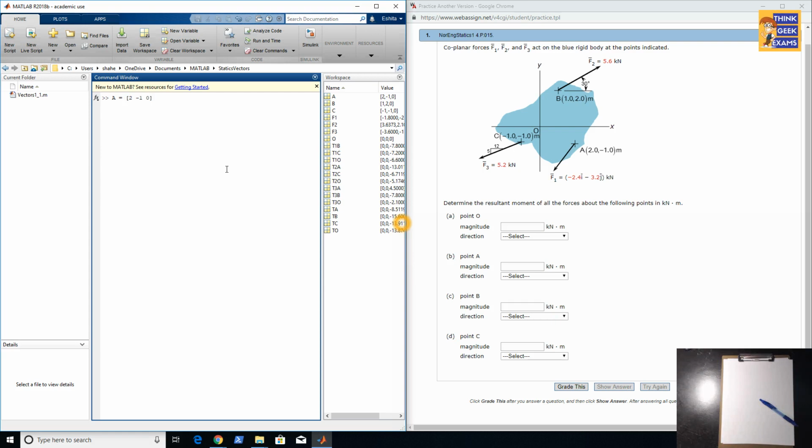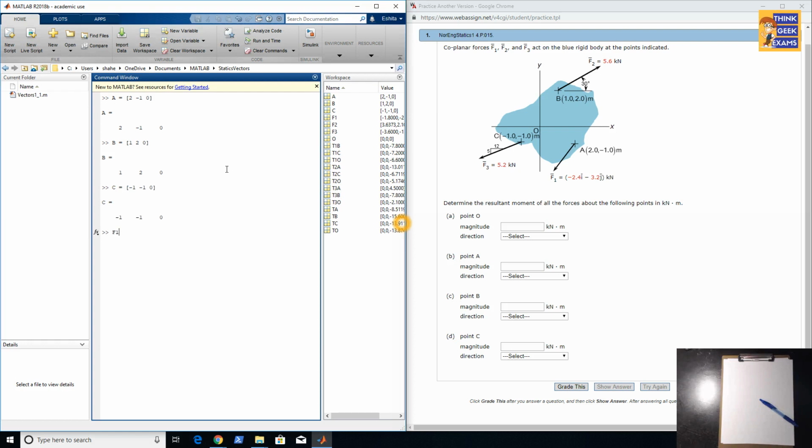Moments are in 3D, so it's easier. So the next one is 1, 2, and 0. That's B. And the last one is C, and its position is -1, -1, 0. And we have ABC.